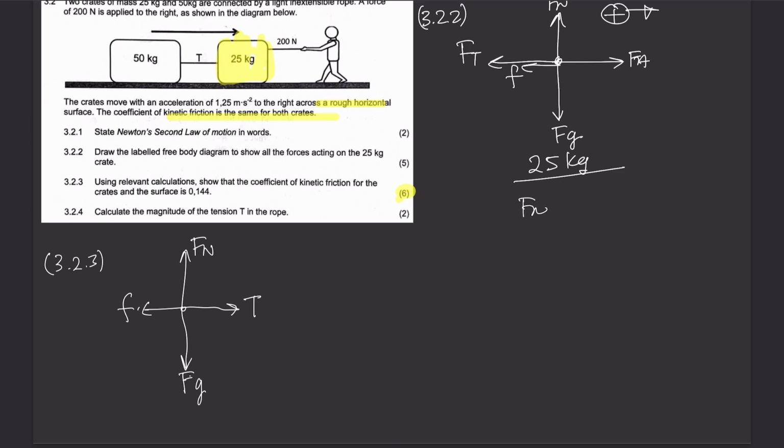We'll say F net equal ma. Then for this one, it's going to be the force applied minus the tension minus friction equals ma. Let's substitute. So 200 minus T minus... Now, just for a second, let's consider the friction. Will the friction for the 50 kilogram block be the same as the friction for the 25 kilogram block?